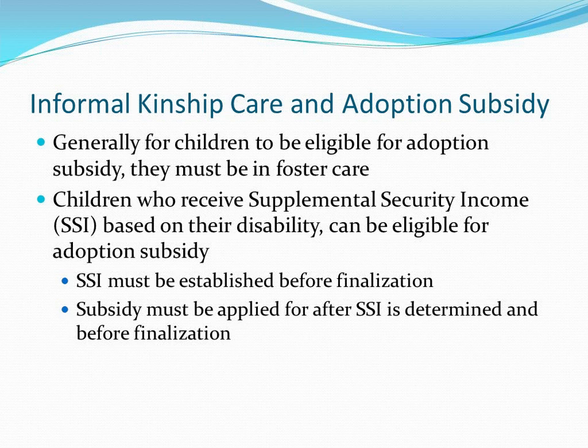This is a program that looks at income and assets to see if the child is eligible. Children who receive SSI prior to adoption can be eligible for adoption subsidy. The SSI must be established before finalization, and the subsidy must be applied for after SSI has been determined or established and before finalization. So let me give you a scenario.